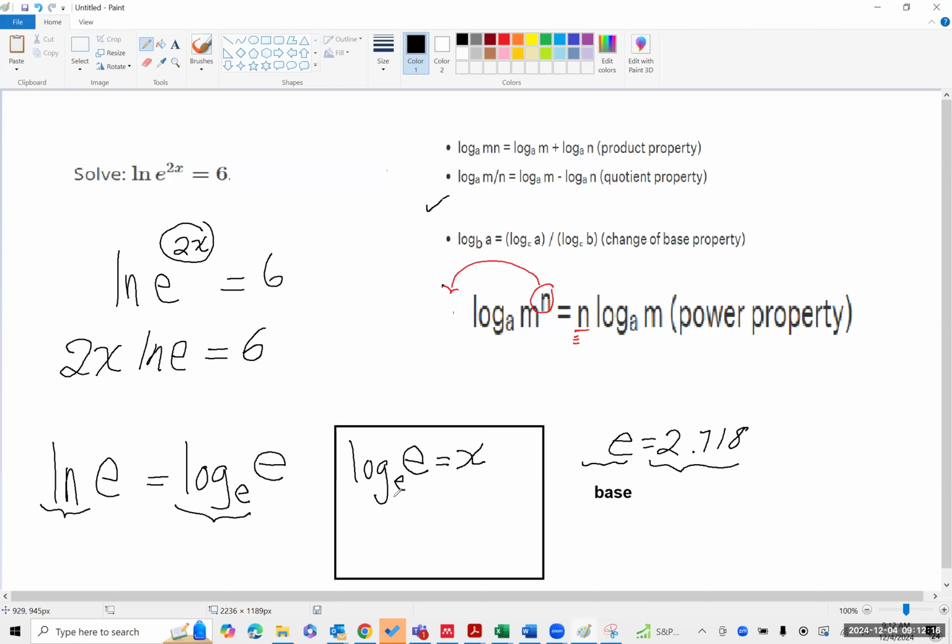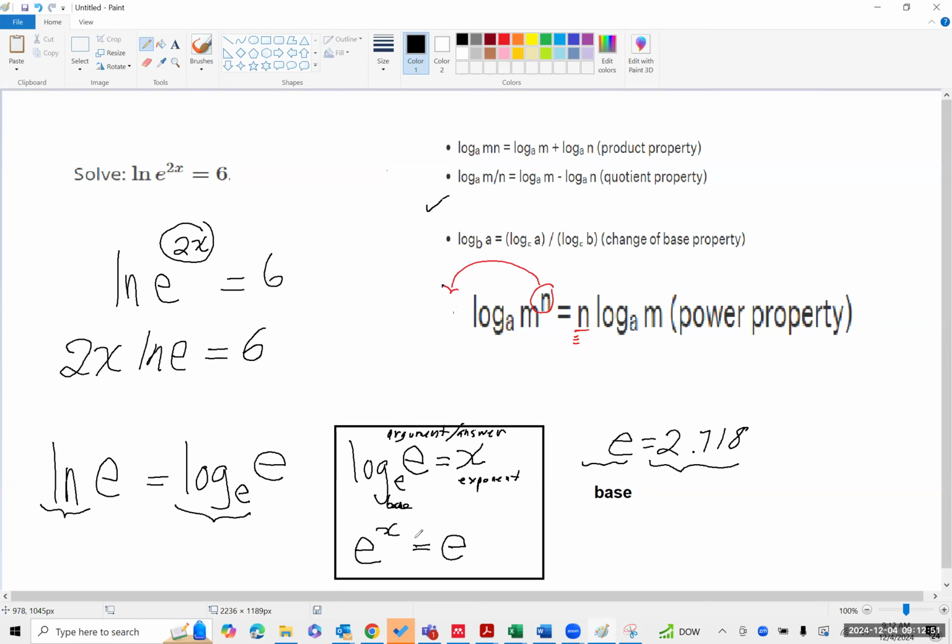Remember that this little e over here is our base. This here is the exponent. And the number over here, we call it the argument, but I also like to call it the answer. Why? Because I'm going to take the base, raise it to the exponent, and write the answer.